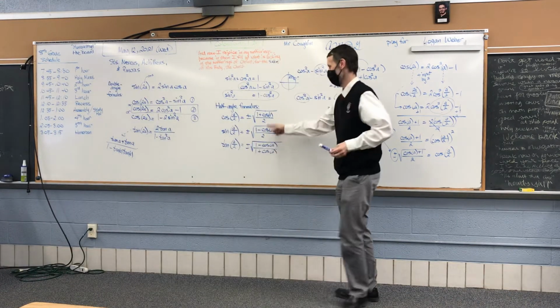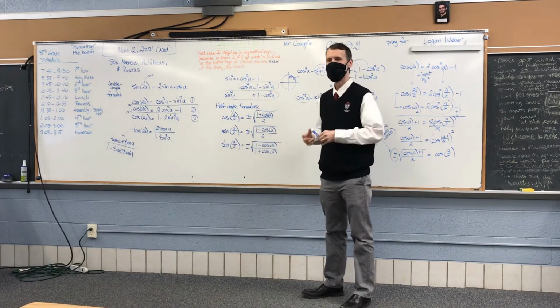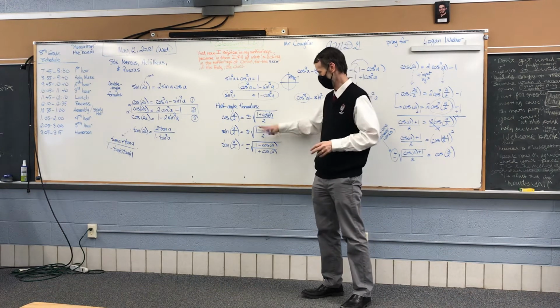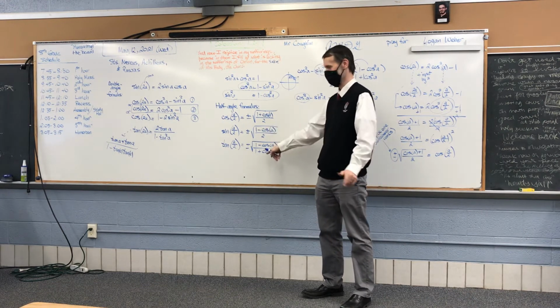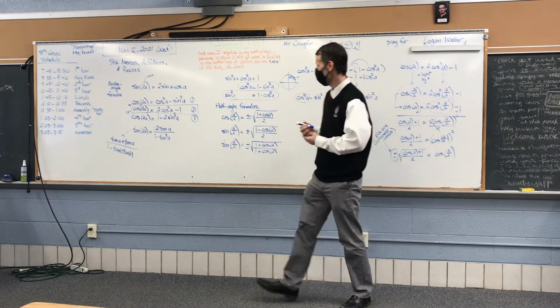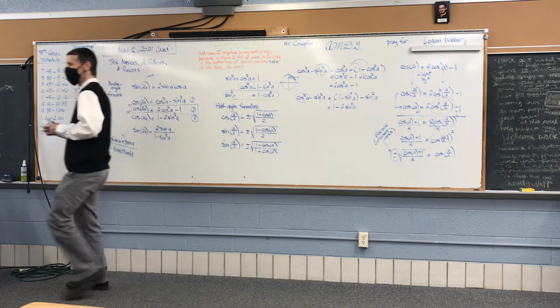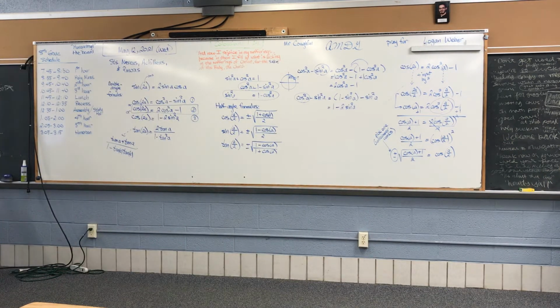Right, tangent is sine over cosine. I multiply by the reciprocal, and you just take the reciprocal. The 2's will cancel, and you're left with that. So those are your 3 half angle formulas. There are much more simplified versions of the half angle formula for tangent, but for now, this should be fine.